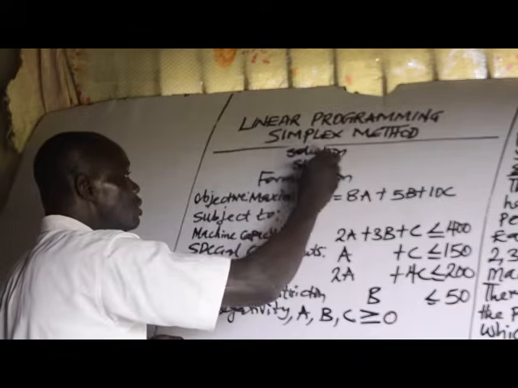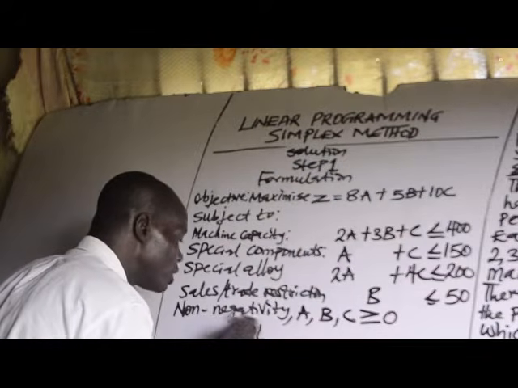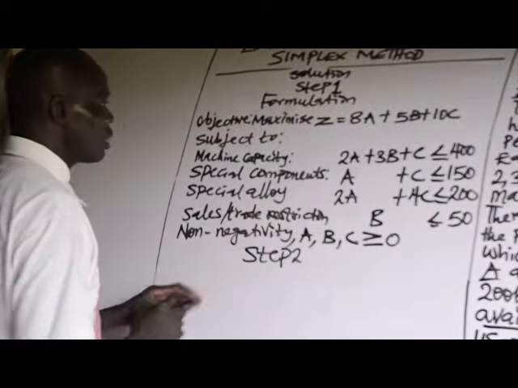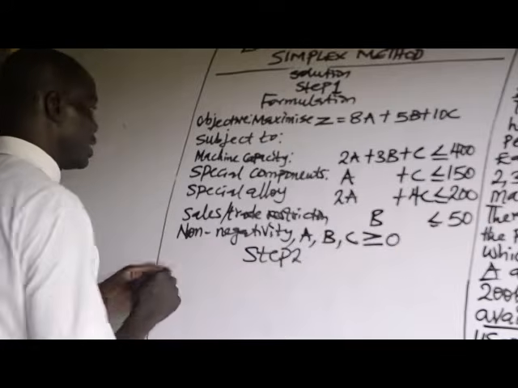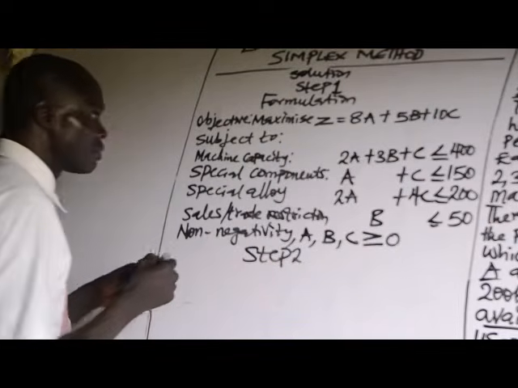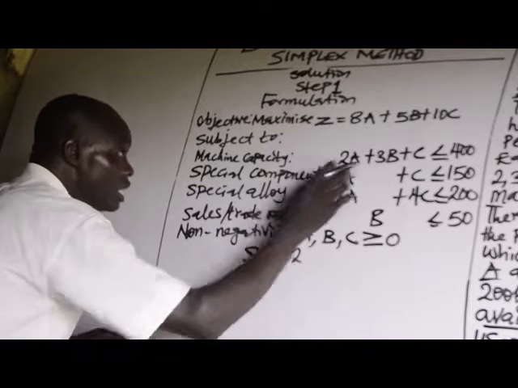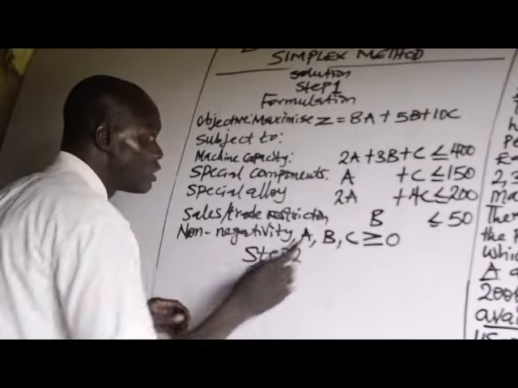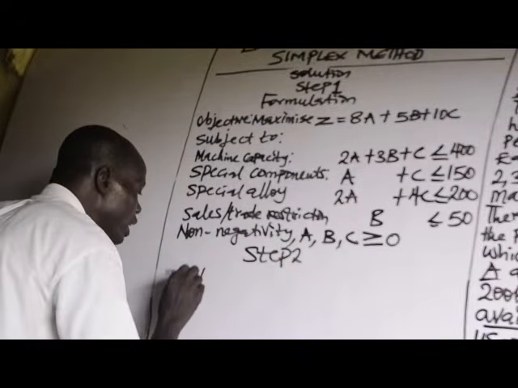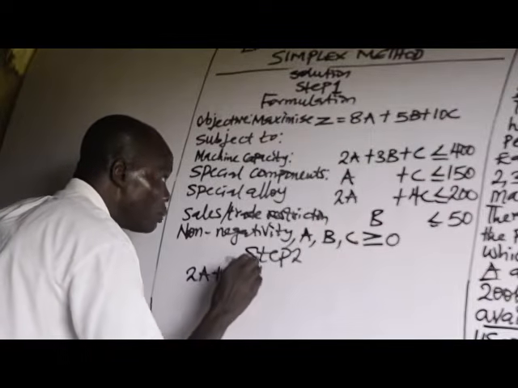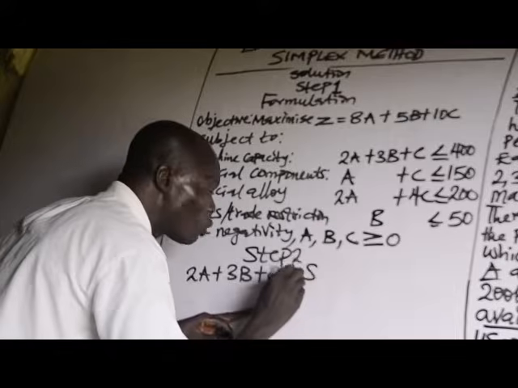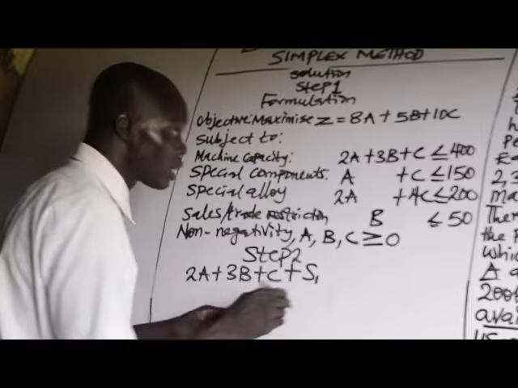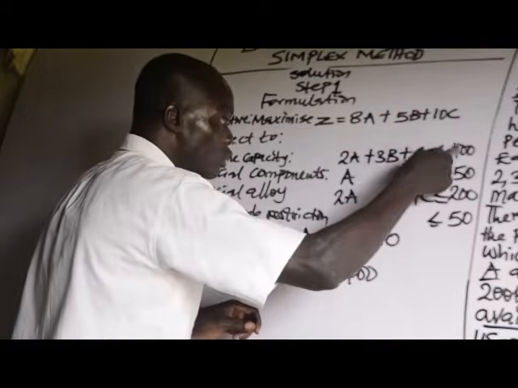Step 2, having completed step 1, is to introduce slack variables. We introduce slack to each of the constraints. The first constraint is the machine capacity: 2A plus 3B plus C is less than or equal to 400. We change it to equality, so we have 2A plus 3B plus C plus slack 1, where S1 is slack, equals 400.